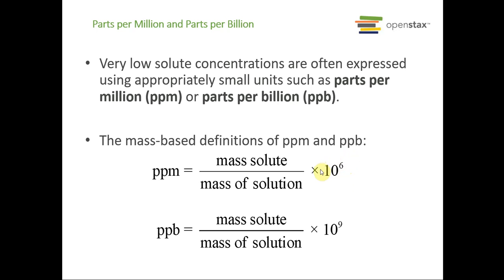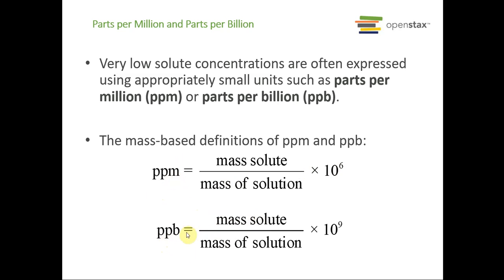Normally this is for measuring very, very low concentrations, so the solution will be almost pure water, unless you have massively high concentrations on the order of hundreds of thousands of parts per million.